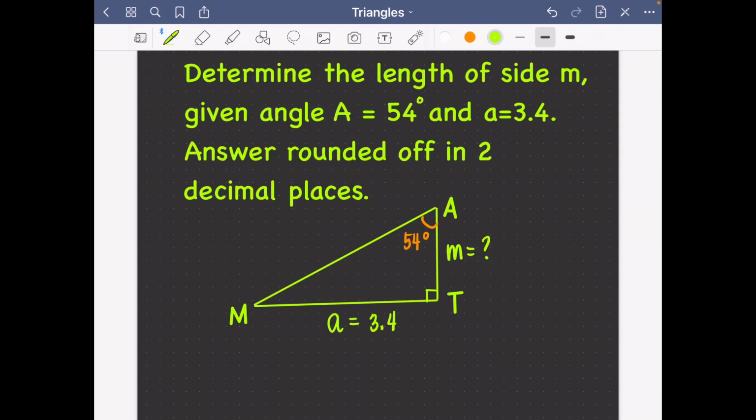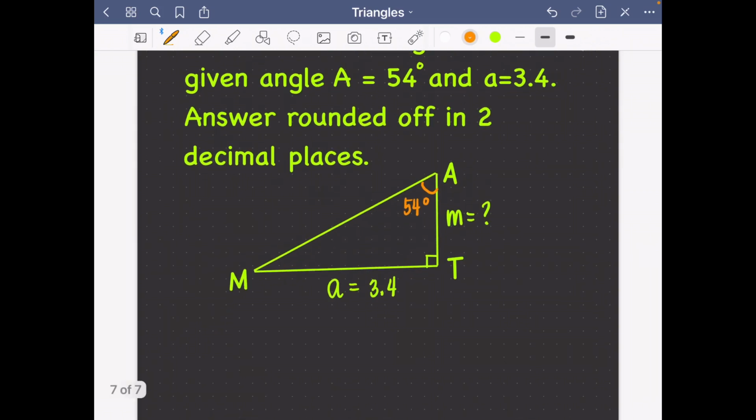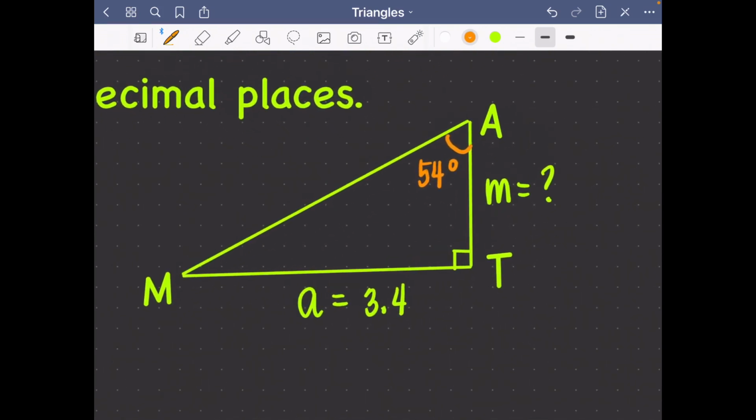How will you do that? You base your answer on the given angle. My given angle is 54. So with respect to angle 54, this will be my opposite side because it is opposite of the angle. So that's opposite and this is adjacent.